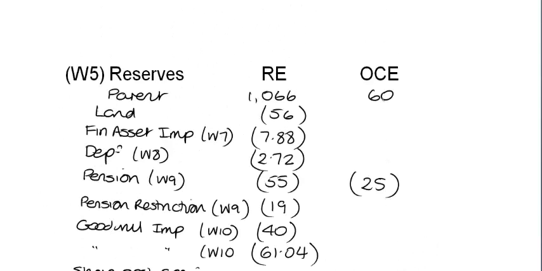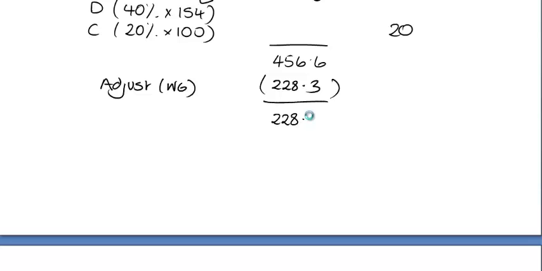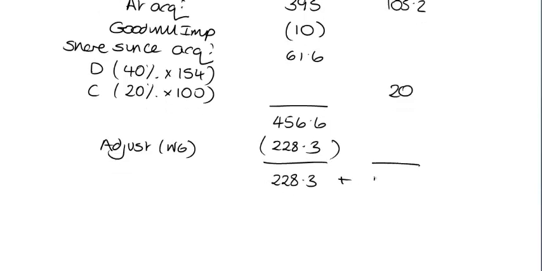Go up to the NCI. What have we just done? Adjustment in working number 6. I've reduced them by 228.3 to take them down to 228.3. If we look at captive, captive is 125.2.